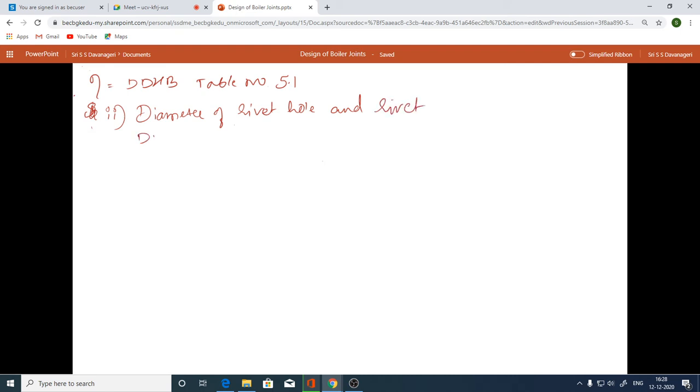Now you refer design data handbook, equation number 5.7.